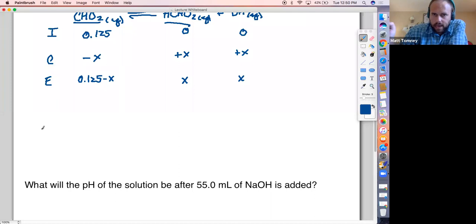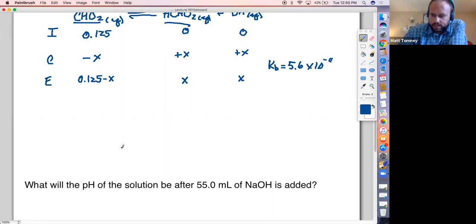That was the Ka I gave yesterday. That equals 5.6 times 10 to the minus 11th. So Kb for the formate ion is 5.6 times 10 to the minus 11th.